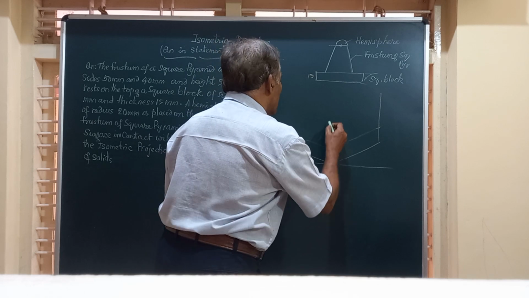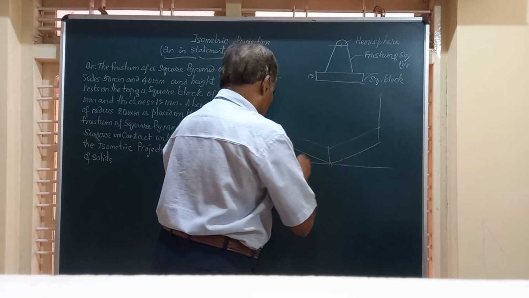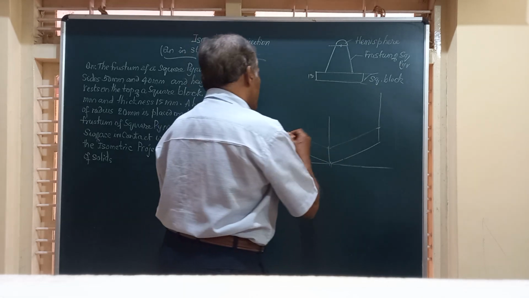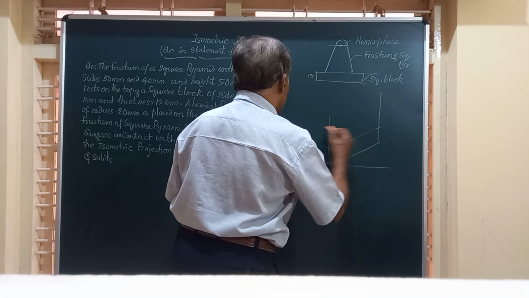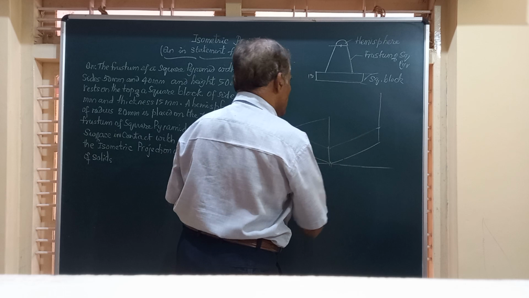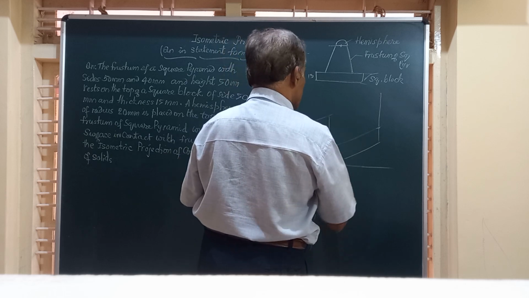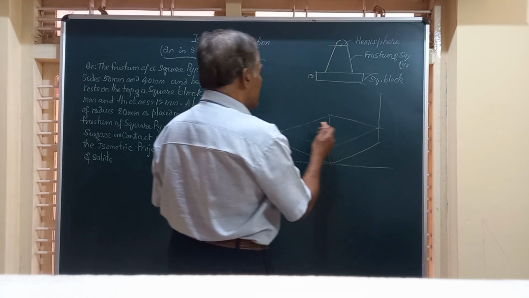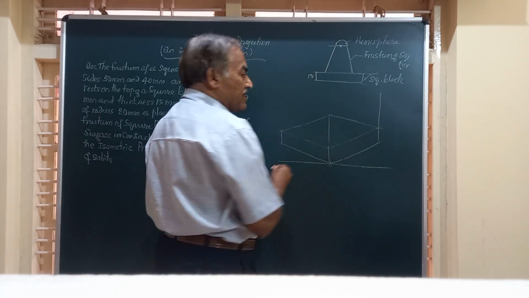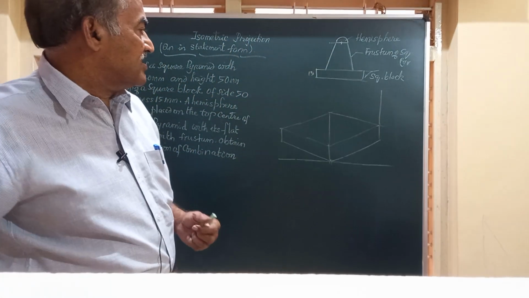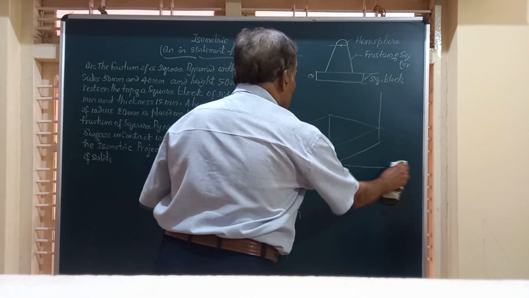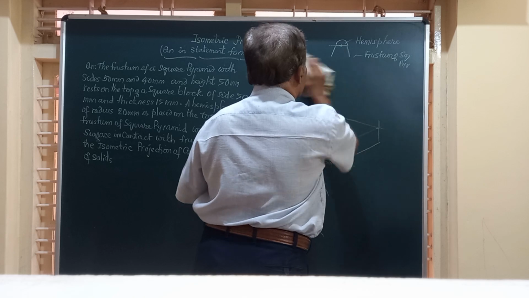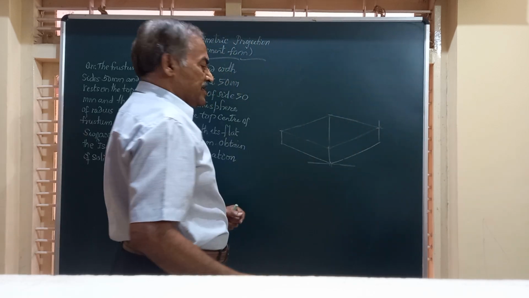So friends, let me complete this portion also by drawing a vertical line through this. And here you can draw a line parallel to this edge and another line joining here. So this will become the square block at the bottom surface. Let me remove all these unwanted lines, leaving some important portion. Let me also rub this totally.